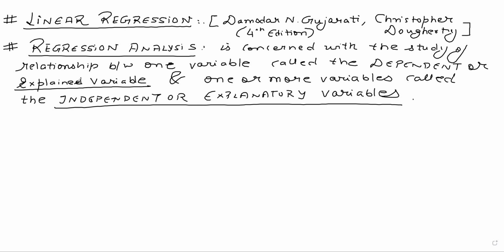That means, guys, in regression analysis, we will only have one dependent variable, but we can have one or many explanatory variables. But all of you need to understand, regression does not mean causation. It does not mean that the explanatory variable is causing the changes in the dependent variable. Regression analysis will only capture the relationship between the two.